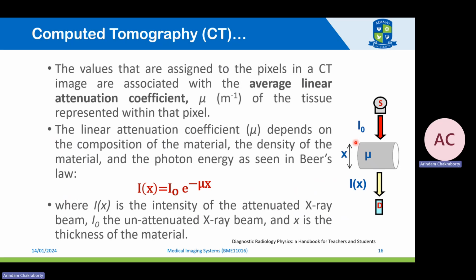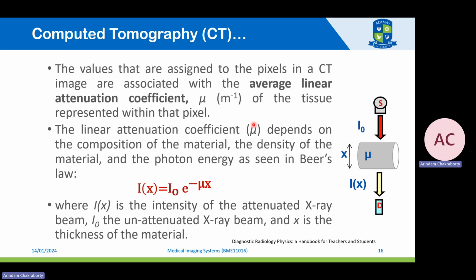Now, as we already talked about the attenuation of the X-ray, the important aspect when it comes to the 3D reconstruction, or the tomographic reconstruction, of the image is given by Beer's law, or sometimes called the Beer-Lambert law.